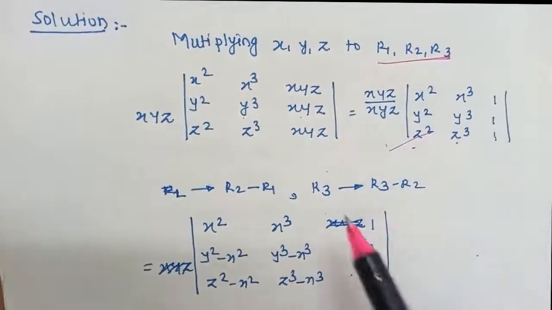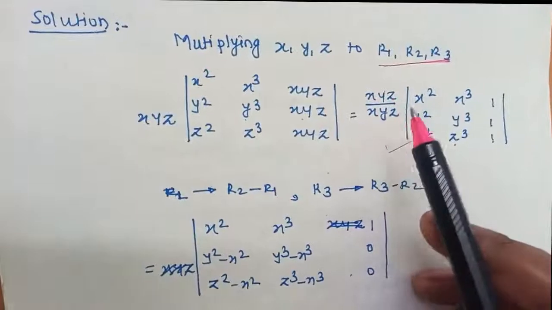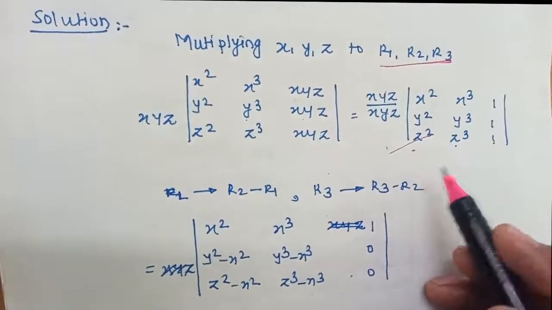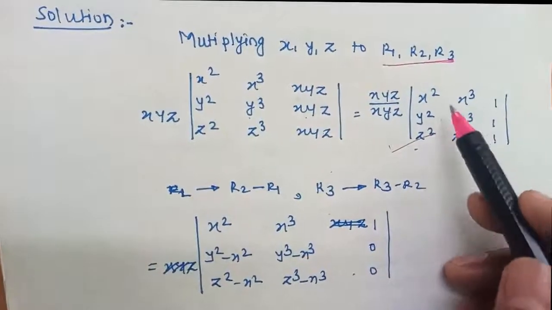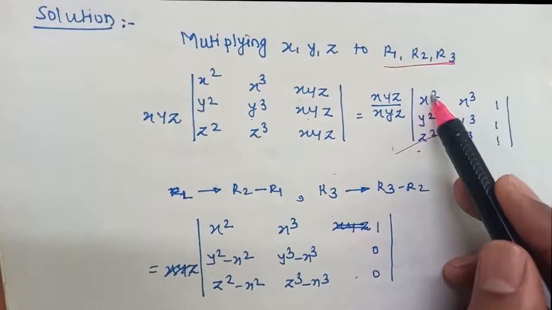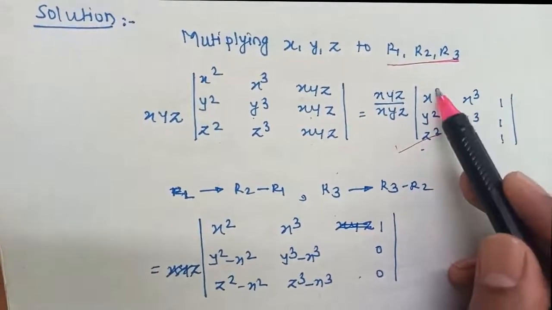So xyz upon xyz I will cancel, so I'll get 1. Next, here I can do R2 minus R1, and for R3 I can do R3 minus R1.